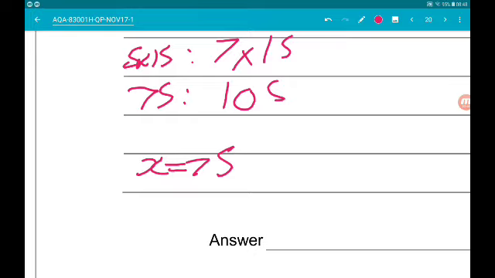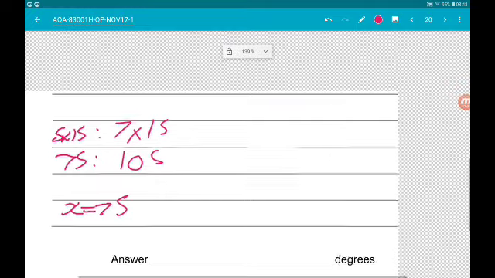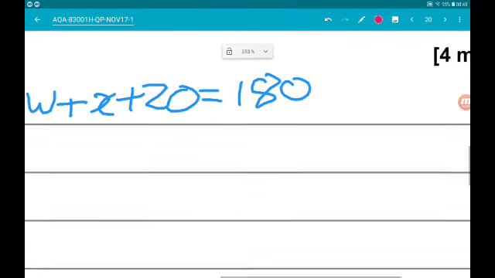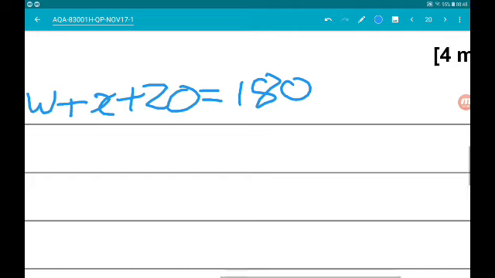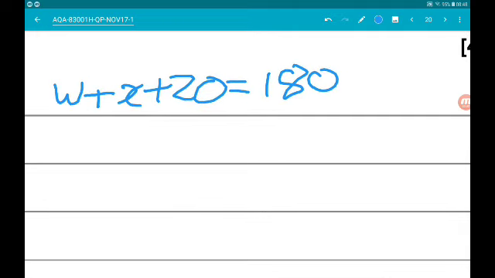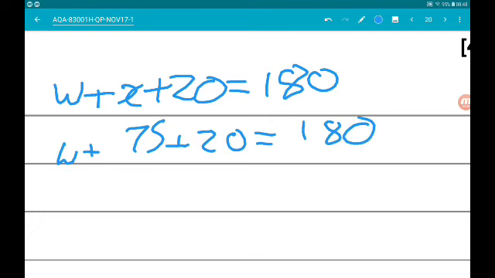Y is 105. But we don't really care about that. So now that we know what x is, we can find W. So now we know that W, add 75, add 20 is 180.